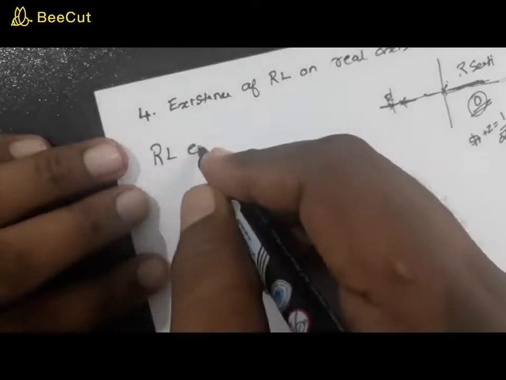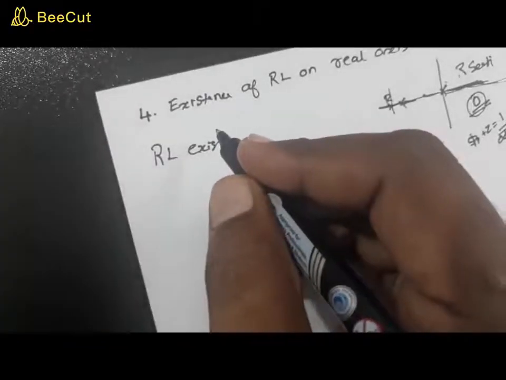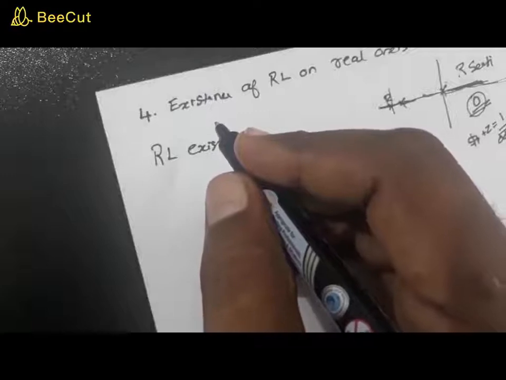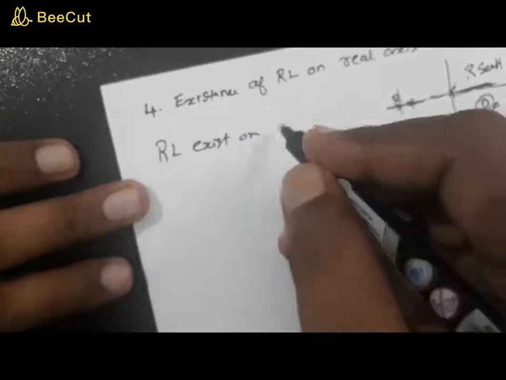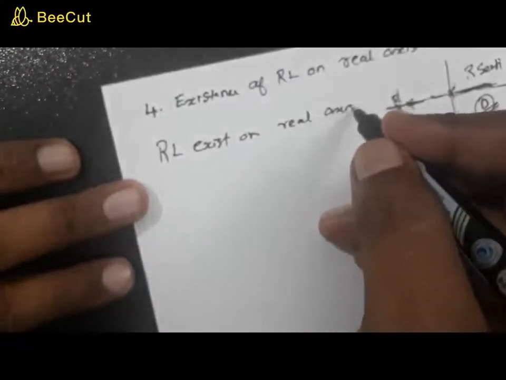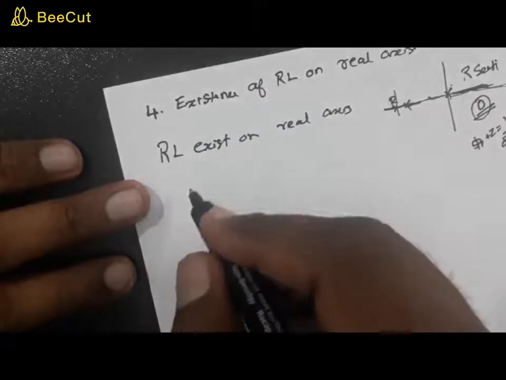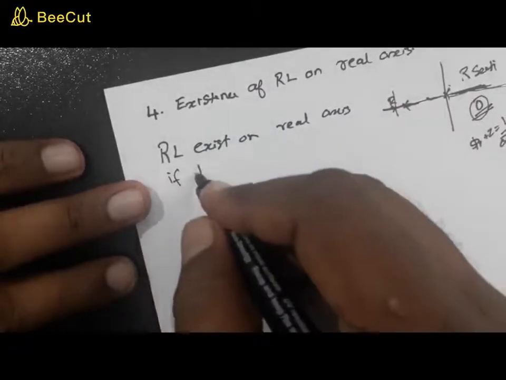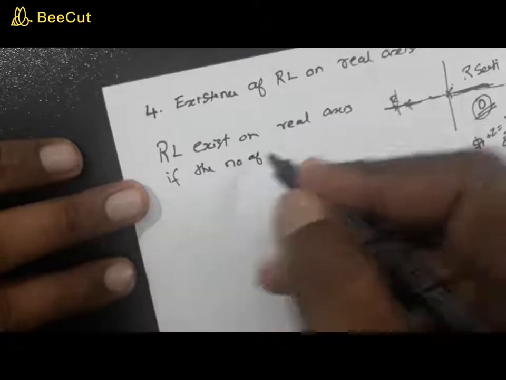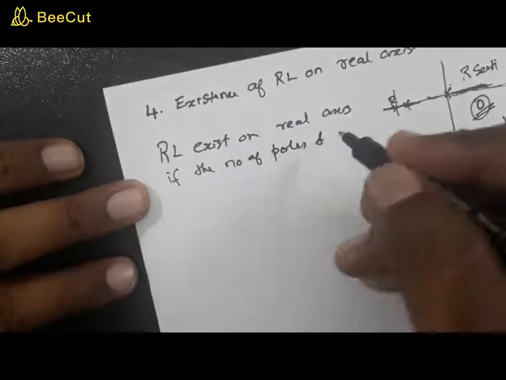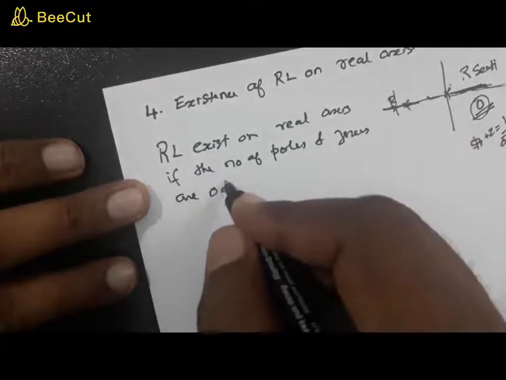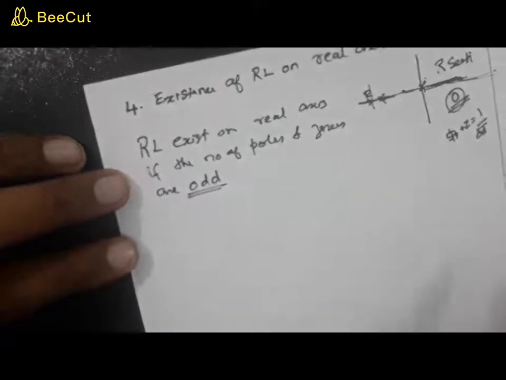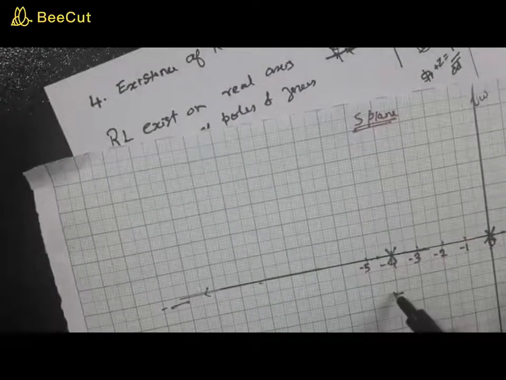Root locus exists on the real axis if the sum of the number of poles and zeros to the right is odd. So in this example you have the real axis over here.